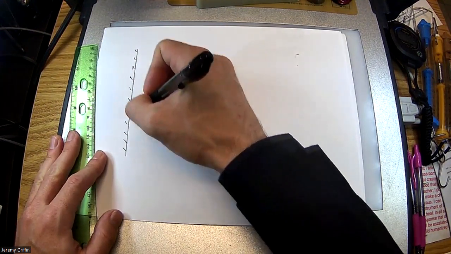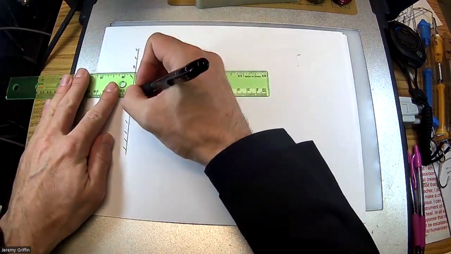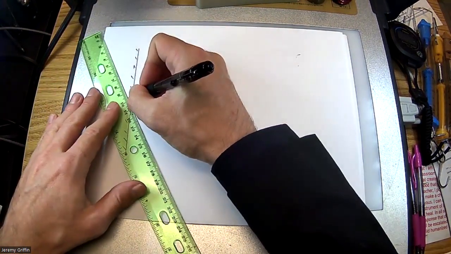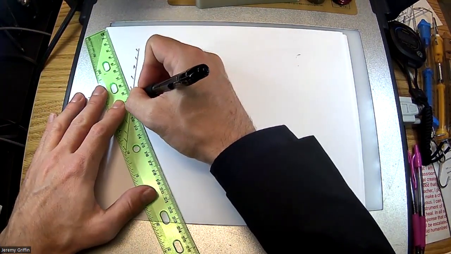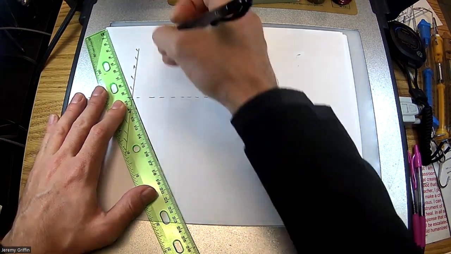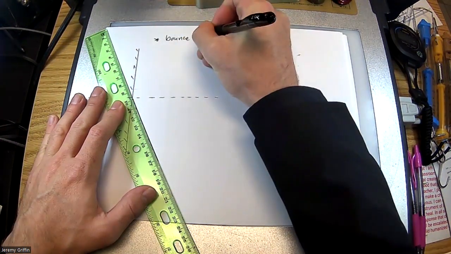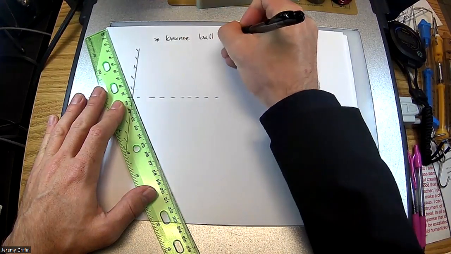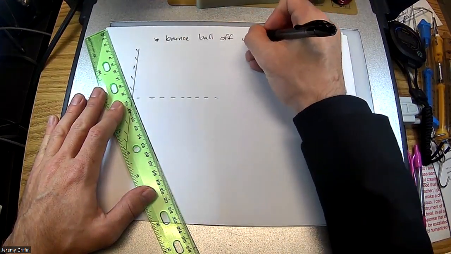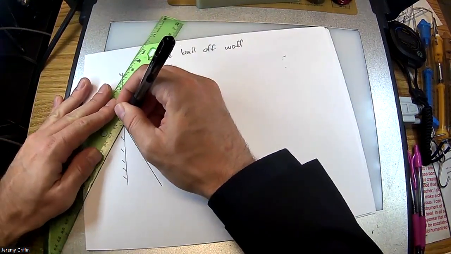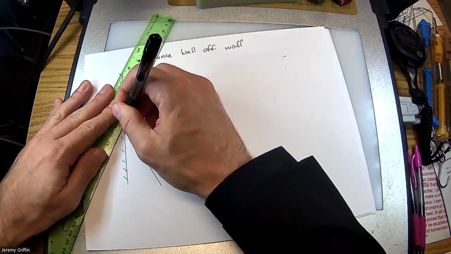Let's get a Cartesian system going. Suppose you're bouncing a ball off a wall. Let's keep it kind of simple.